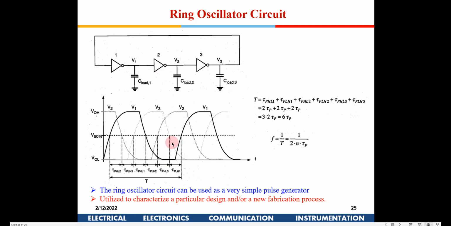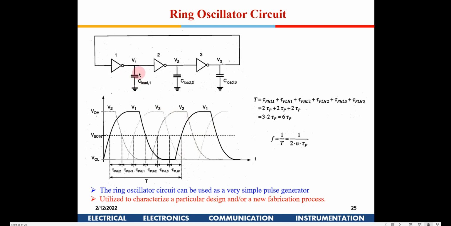It basically signifies that if there are back-to-back inverters, these are the propagation delays. This is a basic multi-inverter circuit, and the oscillation period will be determined by the propagation delay.